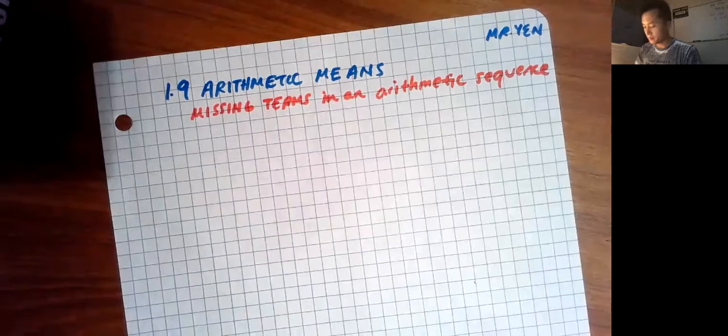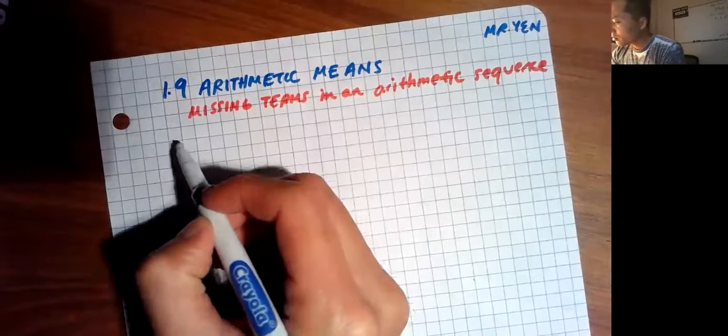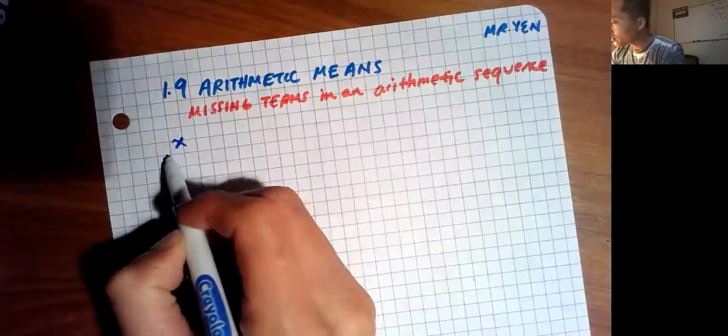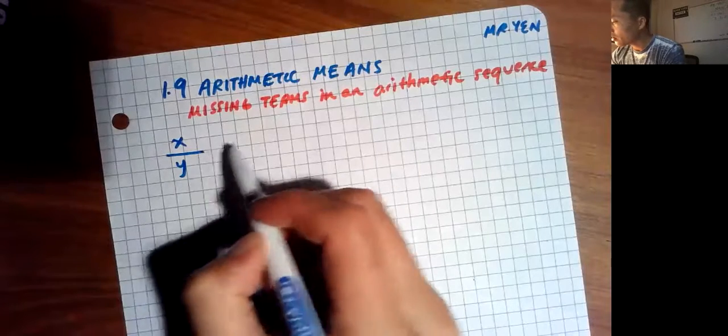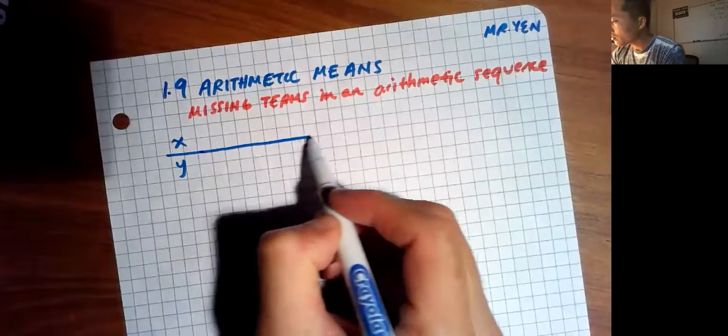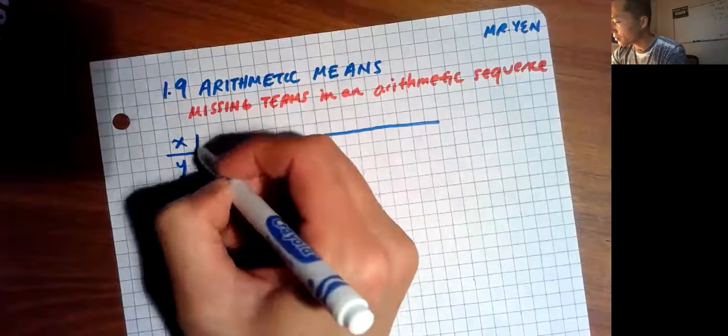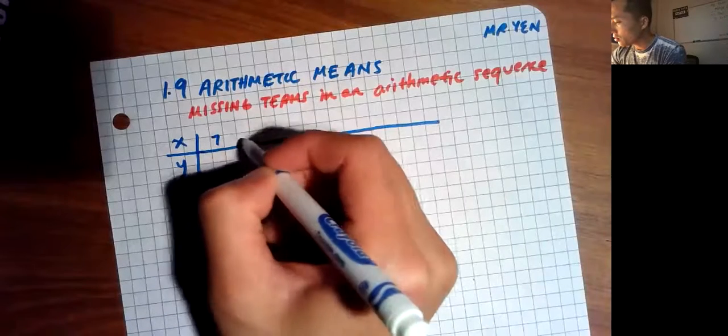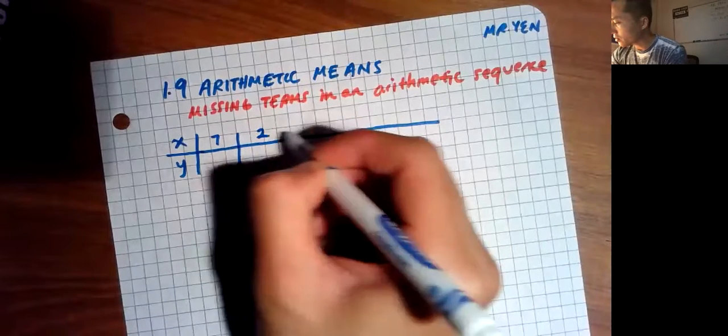Here's an example. Let's make a table. We have X and Y. Let's go all the way out to here, and let's do 5 terms.